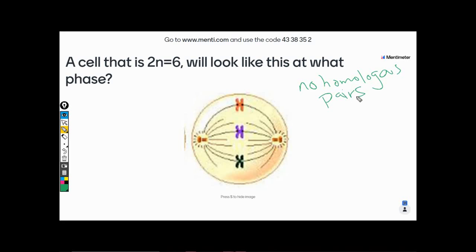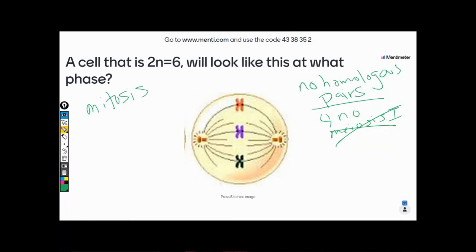All right, so we know it's not meiosis 1. And that's one thing we want to remember. If I can't see homologous pairs, I've already narrowed down 1/3 of our options.